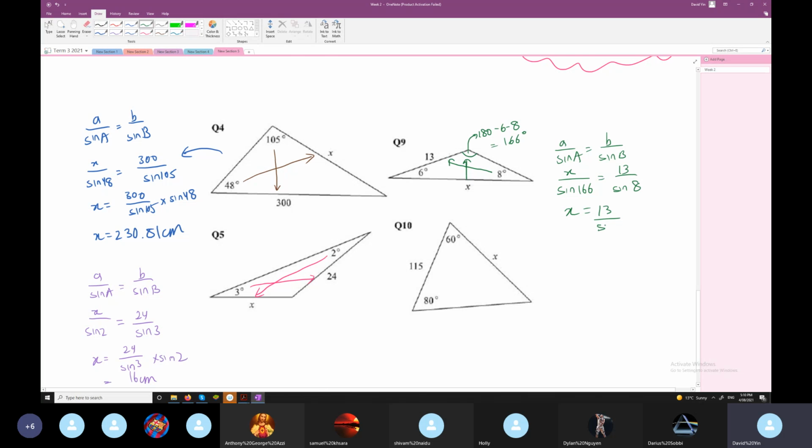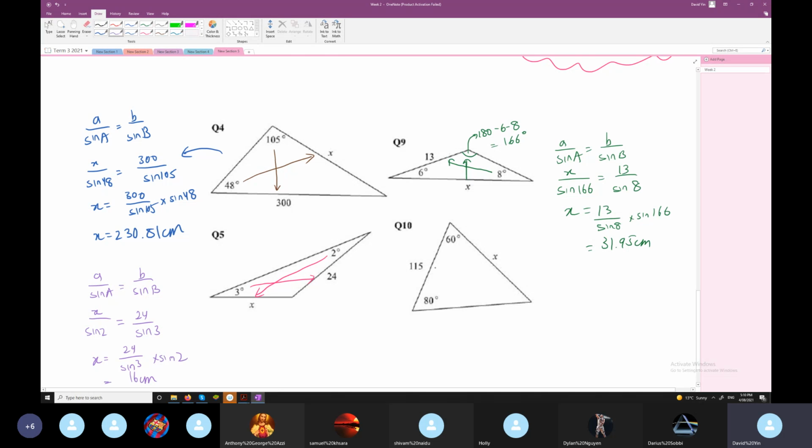So 13 over sine 8 times by sine 166. Put that into our calculators. Sine 8 times by sine 166, which is equal to 31.95 centimeters. So hopefully you guys can see by now that this is fairly repetitive. It's pretty straightforward, nothing too hard.